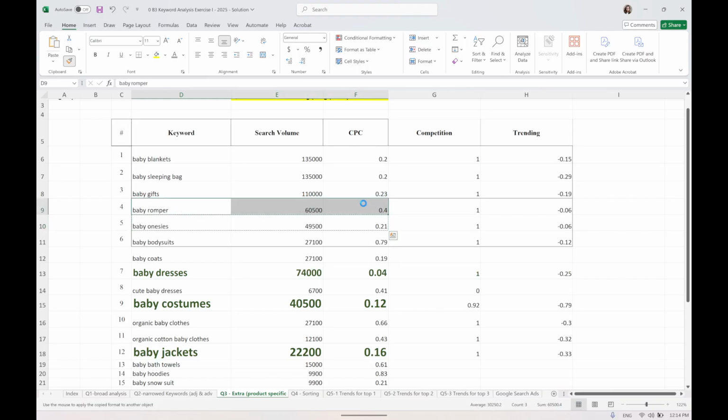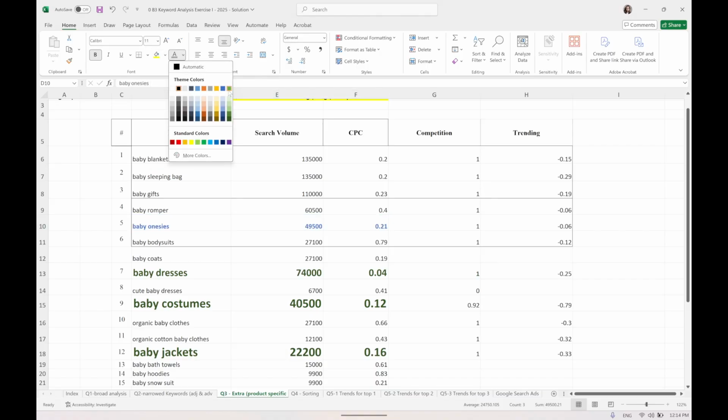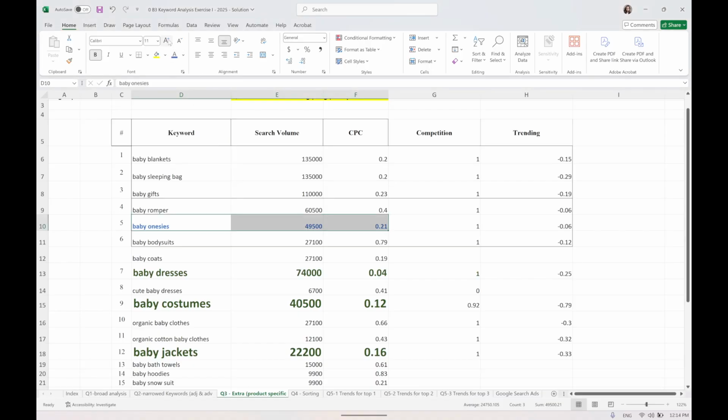I'm sorry, but I don't trust what's given to me by the keyword analysis tool. So instead I'm just going to go for baby onesies now. I'm going to alter my Google search ads, in fact, and start putting in baby onesies.